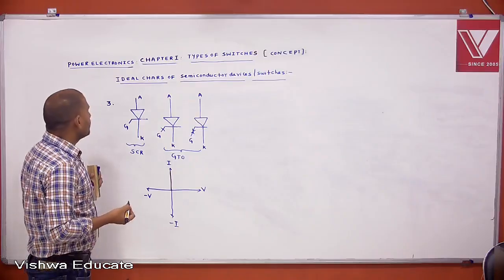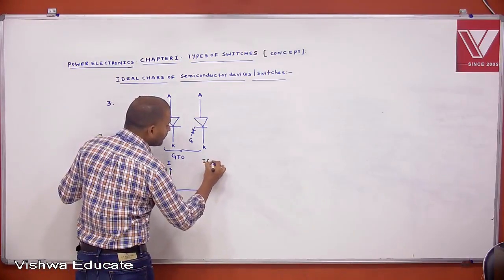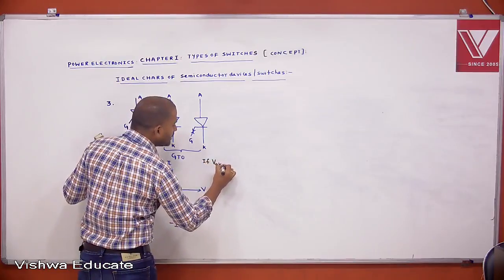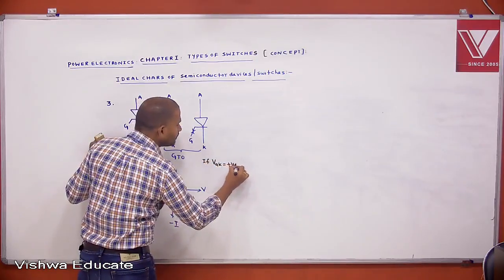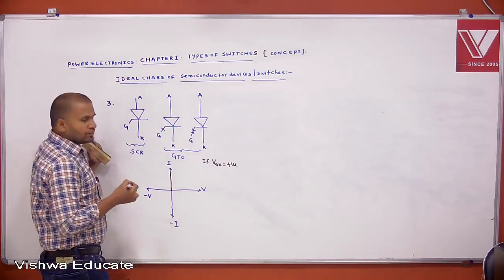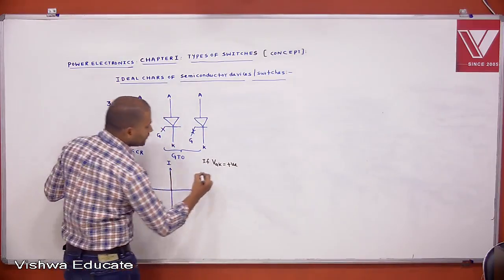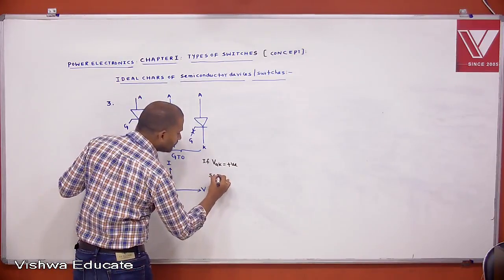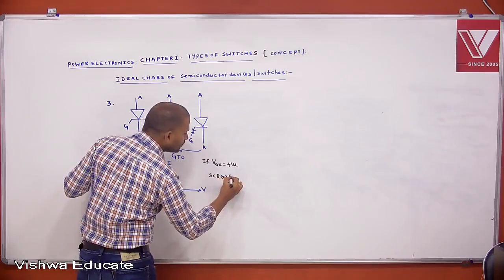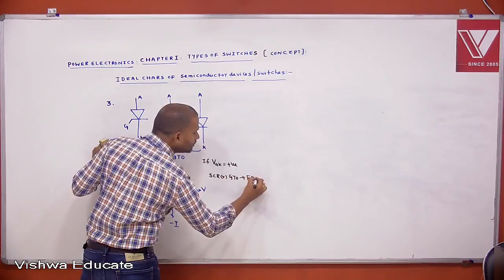Now, if VAK is positive, then either SCR or GTO is under forward blocking mode.